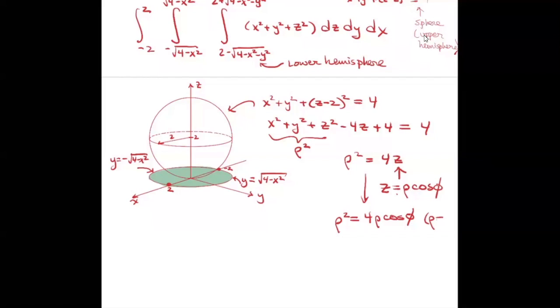So let's say rho can't be 0 here, divide the rho out, and then rho is 4 cos phi. So that's the equation of the sphere. So we're ready to put limits on our integral.